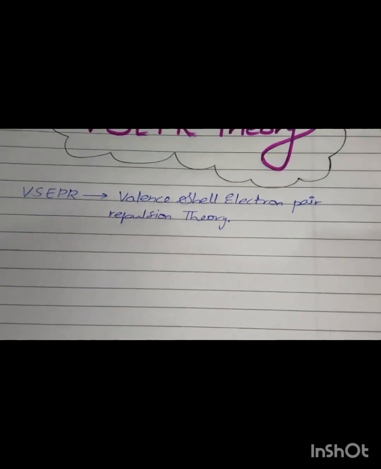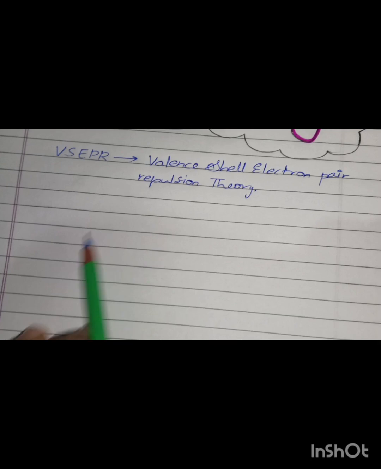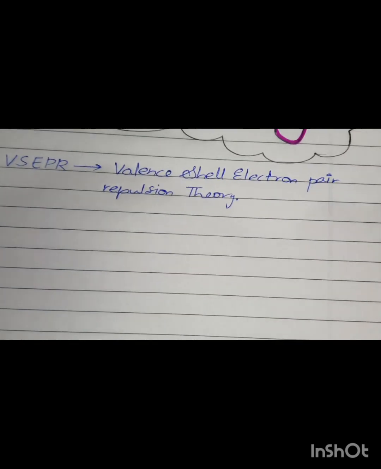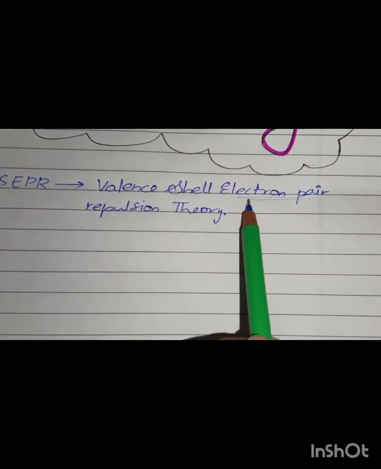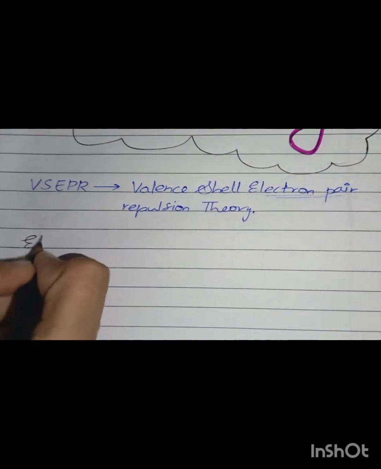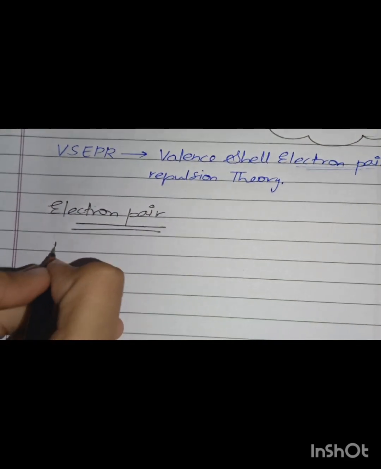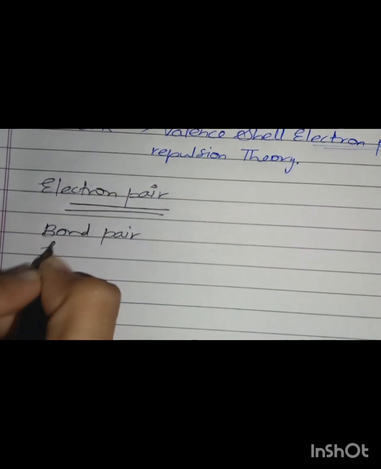So basically, we know what is valence shell, right? The outermost shell of the atom is known as valence shell, and then the term comes electron pair. So firstly, we will understand what is electron pair. I hope you all know what is bond pair and lone pair.